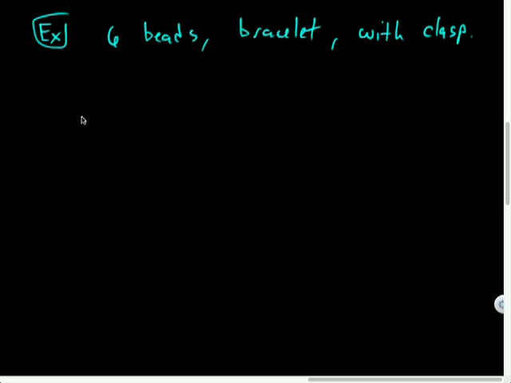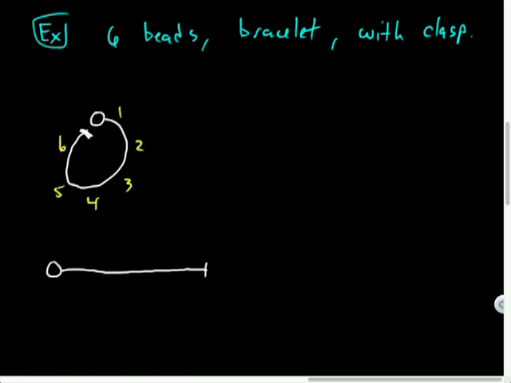And what I want to point out is that if it has this clasp, all right, I could have 1, 2, 3, 4, 5, 6. However, I could have just, when I open that bracelet, 1, 2, 3, 4, 5, 6, it would look like that.